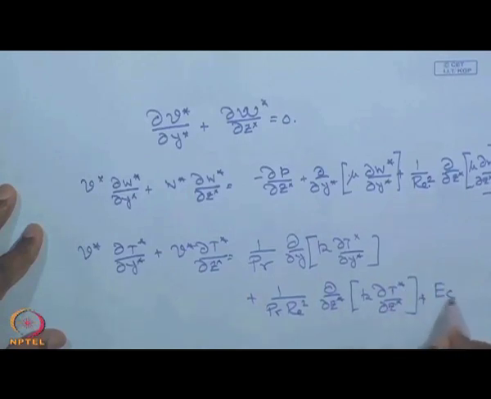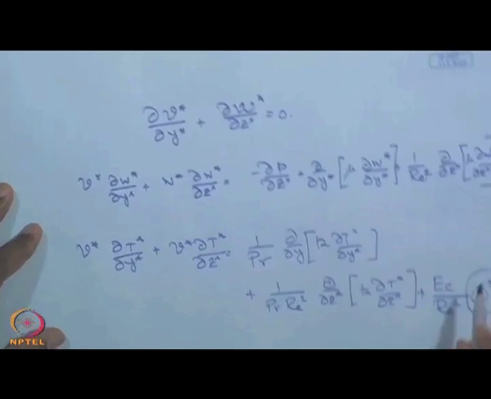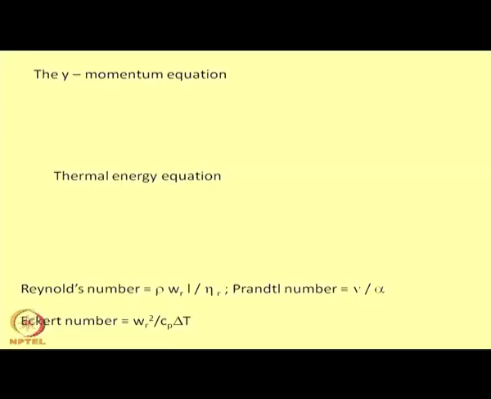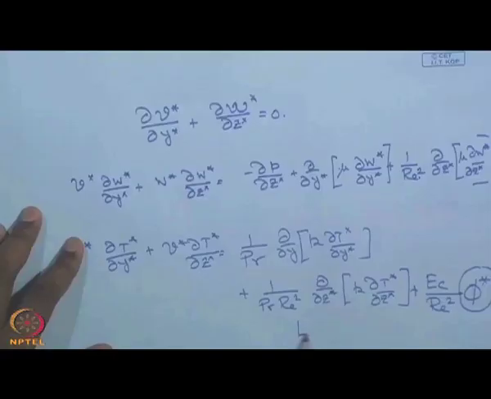This EC refers to the Eckert number and this is the dissipation function. These are the three equations which one has to use, and this Eckert number is simply the flow rate squared divided by Cp delta T.